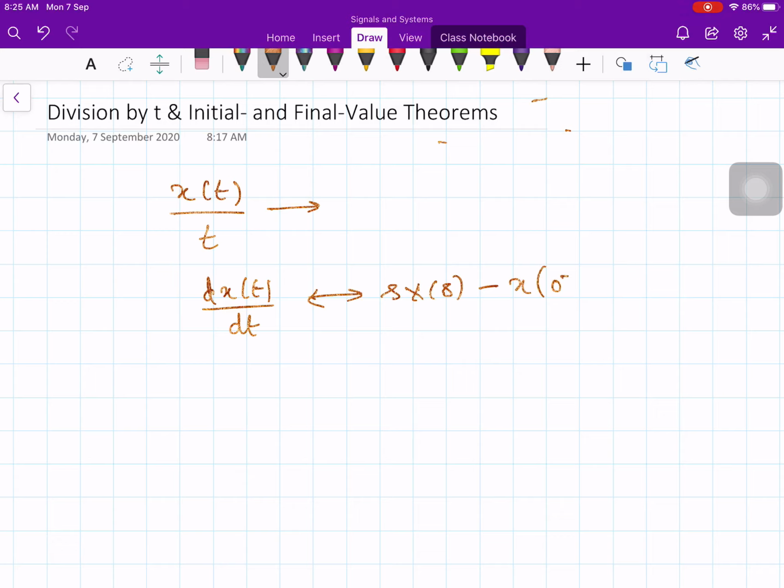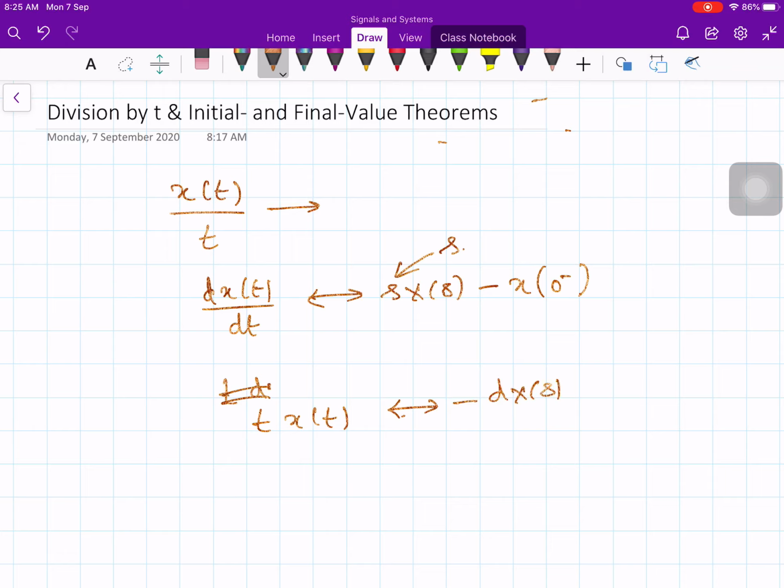Similarly, here in the frequency domain there is a multiplication of s. If you multiply in the time domain, t times x of t, then its Laplace transform will be minus d times x of s divided by ds.